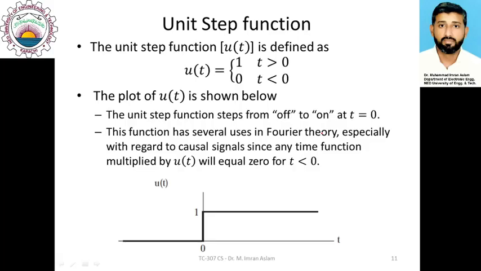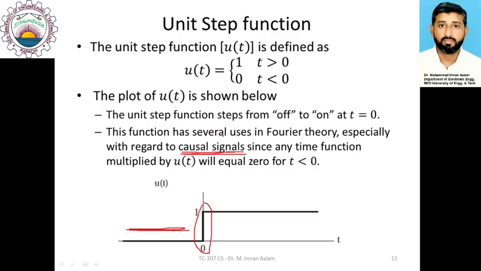This function is very important in Fourier analysis and spectrum calculation, especially when we are interested in discussing causal signals. You understand that causal signals generally start from t equal to 0, and they do not have any value for t less than 0.